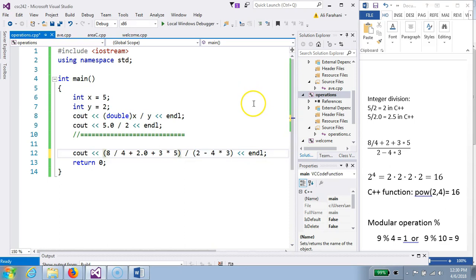Now let's look at what happens when parentheses are not placed correctly. Now if I remove the parentheses in the numerator, C++ will see this as 5 divided by the denominator. That's how C++ will interpret this. So it is very important for you to properly place parentheses.